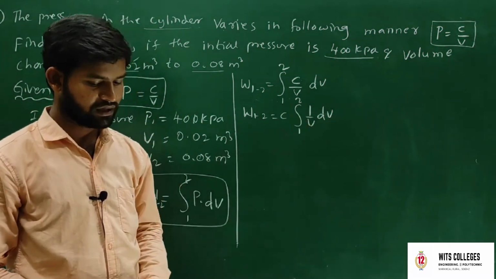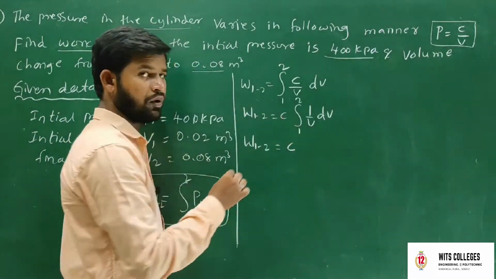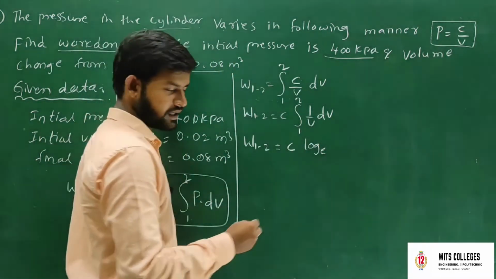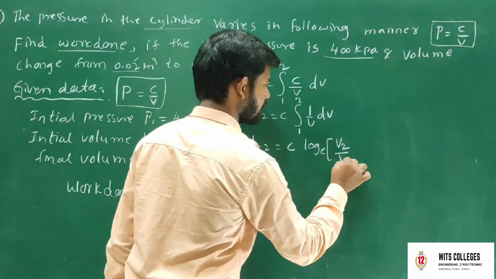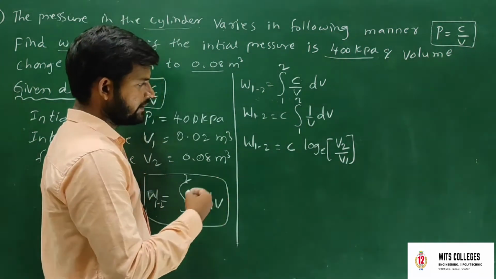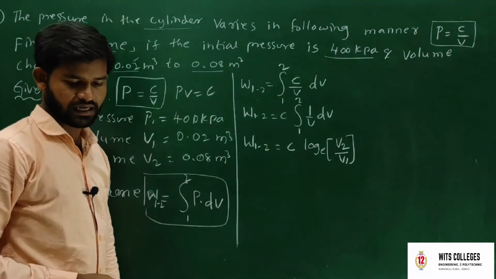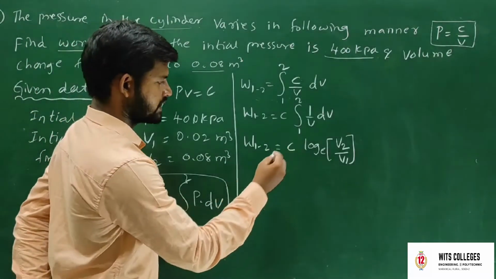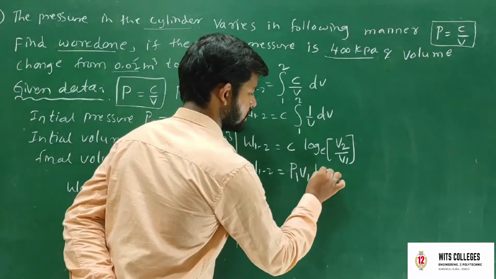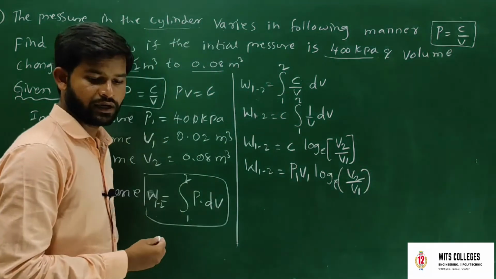The integration of 1/V is log_e(V2/V1). Here, C we take as PV equals constant, so for the initial state, W1-2 = P1 V1 log_e(V2/V1).